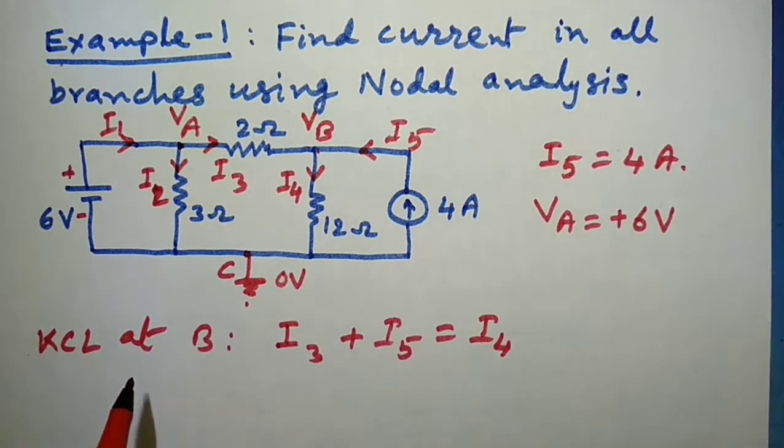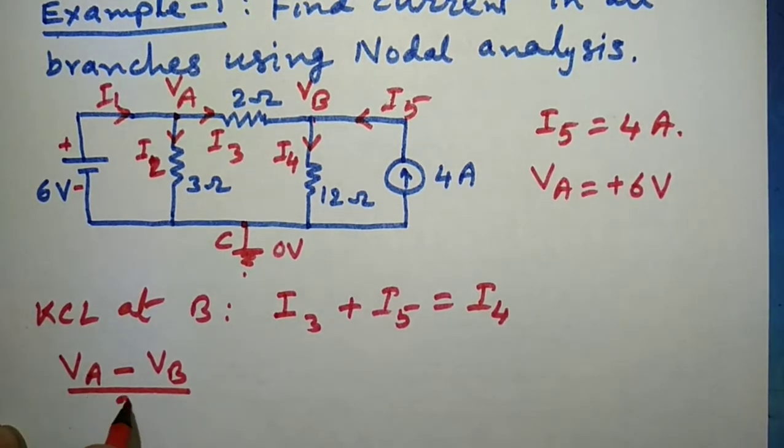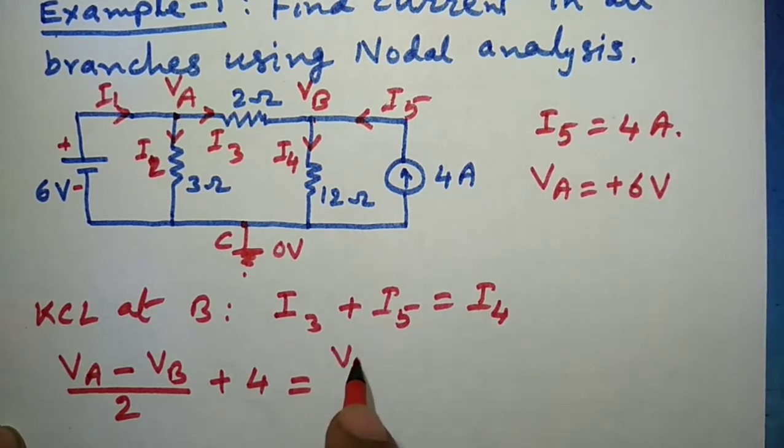So replace the currents in terms of the potential difference and the resistance of the branch. So I3 can be written as VA minus VB upon 2. I5 is 4 ampere, so you can directly write it as 4. And I4 is VB minus 0 upon 12.